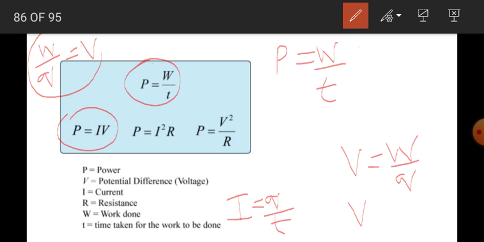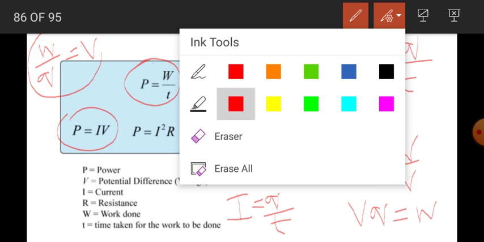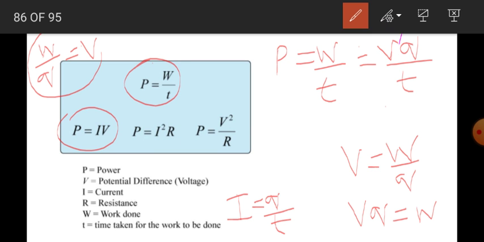If I bring Q on this side, here in place of W I can write V into Q, divided by time. So check this one out. What is Q by T actually? Q by T is nothing but the current, charge per unit time. So that's it.